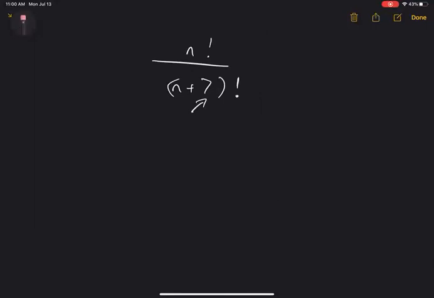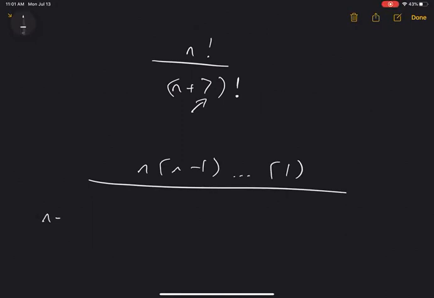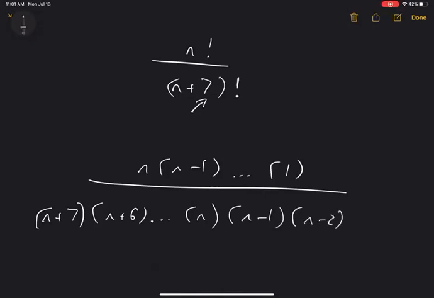So how will we simplify this? Well, I have n times n minus 1 in the numerator. And what's in the denominator? n plus 7 times n plus 6, and then I work my way down to n minus 1, and things are canceling now. So this n cancels with that n, and so on.